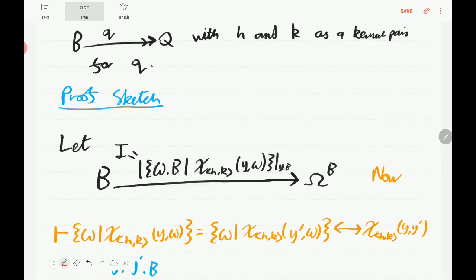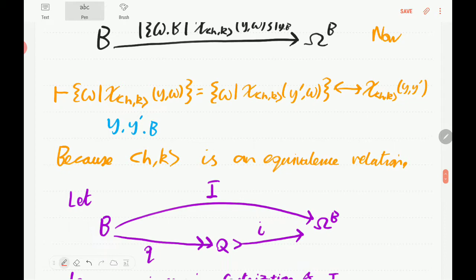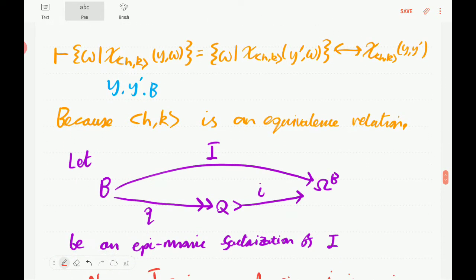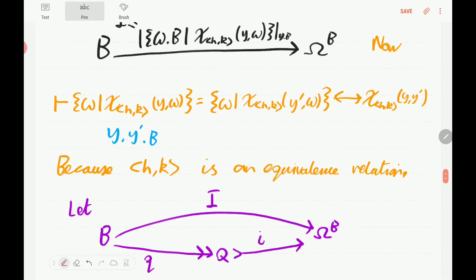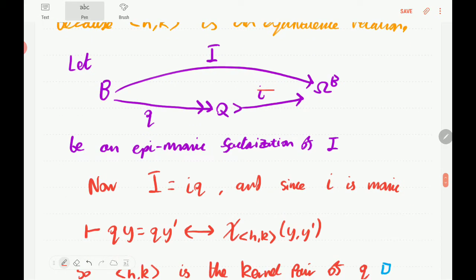And so the basic idea then is that if we do an epi-mono factorization of such an I, we break it into a monomorphism I after an epimorphism little q.